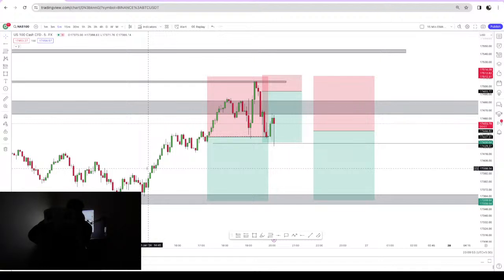So if it will not close below, then I will not add any position.